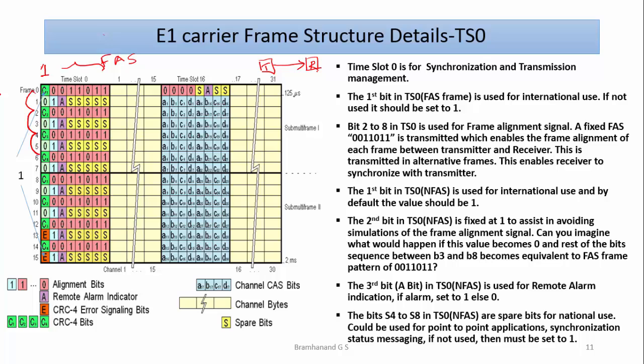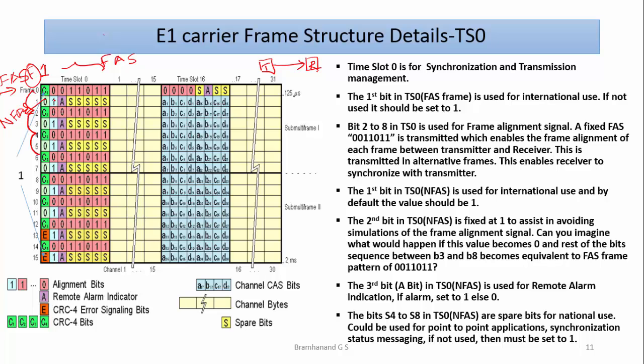This frame is called the FAS frame, the frame alignment signal frame. This other frame is called the non-frame alignment signal frame. In the non-FAS frame, the first bit is normally 1. And bit 2 is also 1, to avoid simulation of the frame alignment signal.